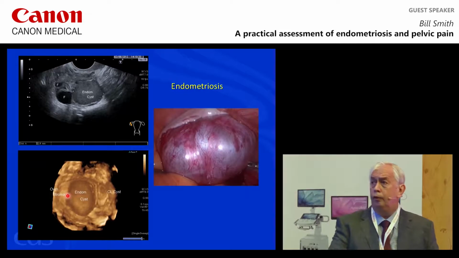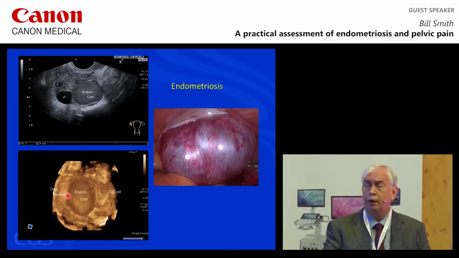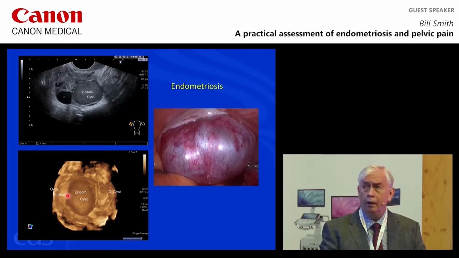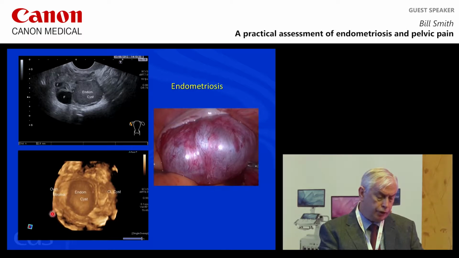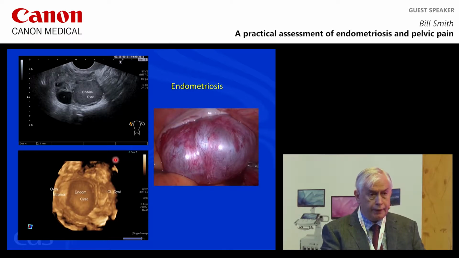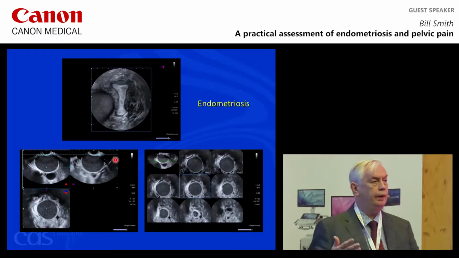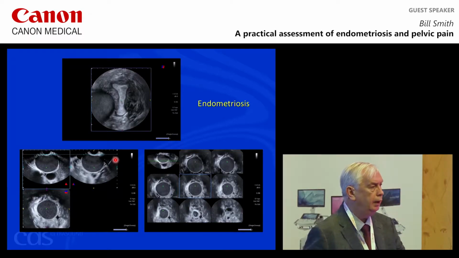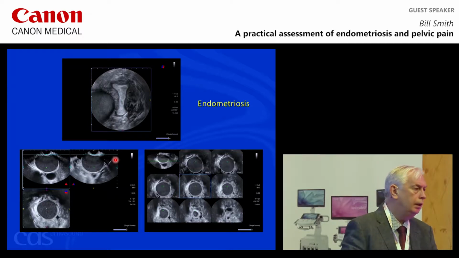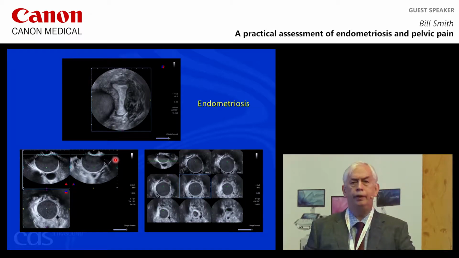So here are our typical pictures of an endometrioma. The significance, though, is it's not just a matter of identifying the lesion, but we need to look at the extent of the lesion. Is there functional ovarian tissue left, or has the endometriosis totally destroyed the ovary?